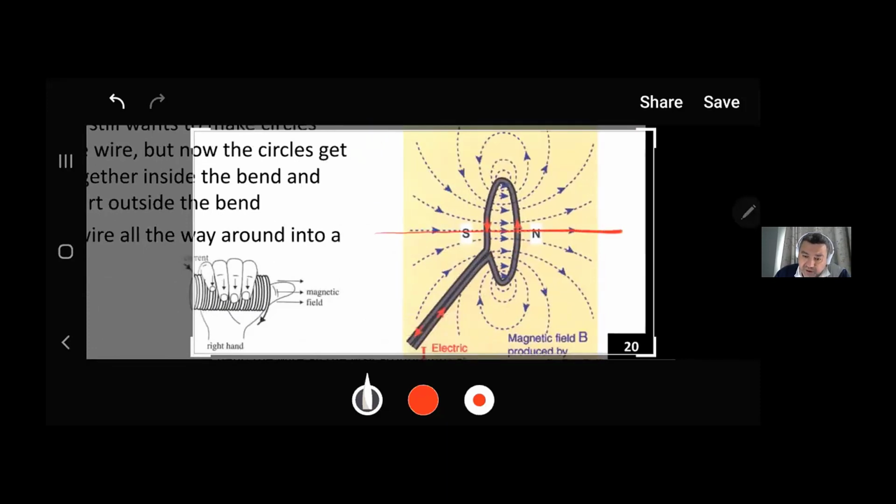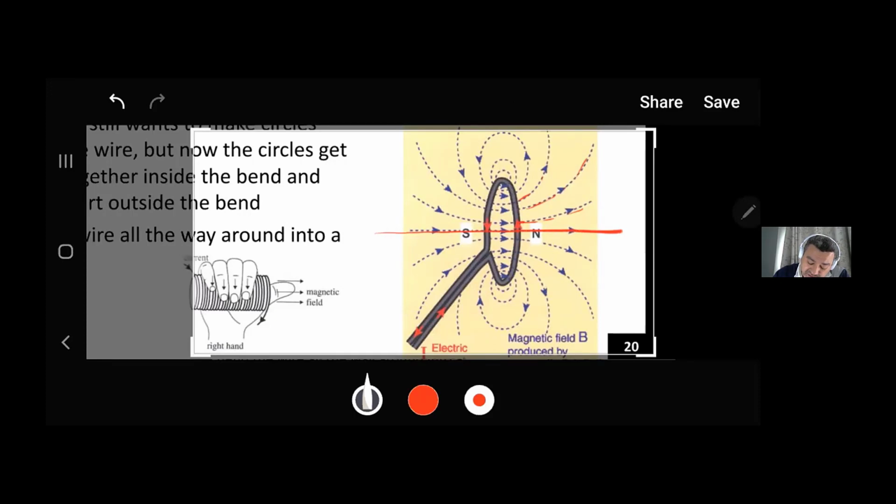Now, what happens if I move closer to the loop physically? Then the magnetic field will start curving, such that it makes those circular field lines, going from the north toward the south.